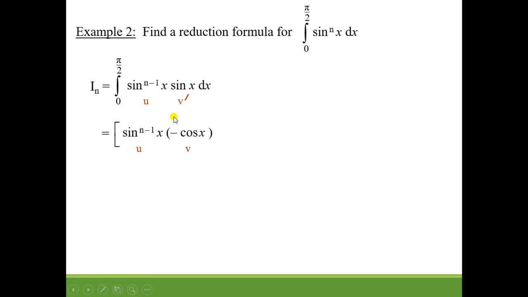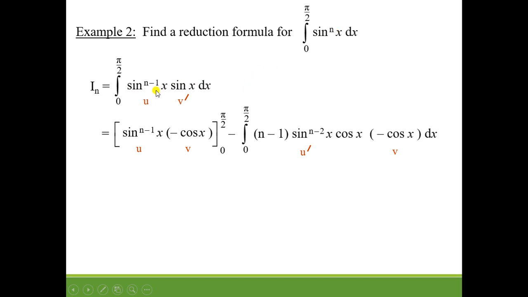Now see, there is a brief idea how to find the deduction formula for this type of question. See here, again we consider the power of sine is n, so we will consider this as In. In is integration 0 to pi by 2. Now for the product rule I want two functions, so I have to split this power into two terms. So how do I split this power? See here, the power is n.